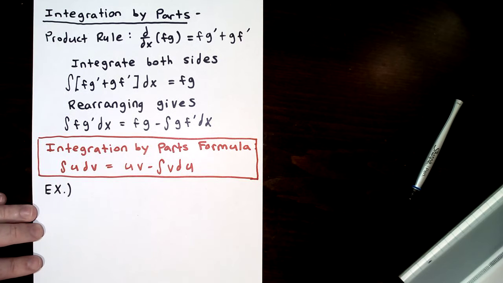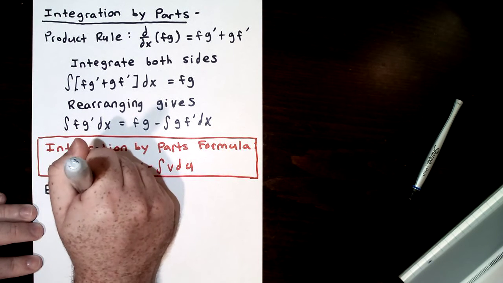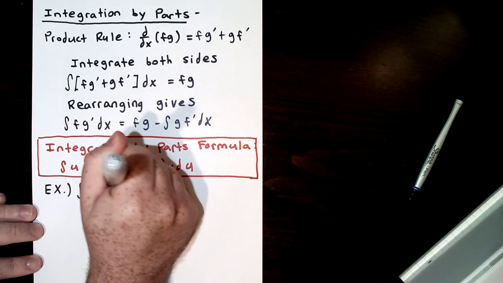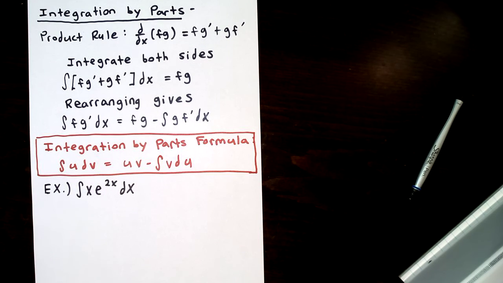So for example, we are asked to integrate the following function. Now, at first glance, it might look like something we're able to do by means of u substitution. If we let u equal 2x, then du would be equal to 2dx.